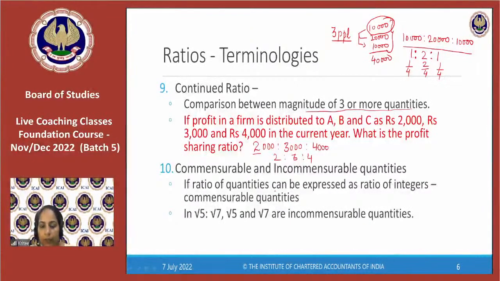But when the individual values cannot be expressed as the ratio of integers, like root 5 is to root 7, like root 2 is to root 3, then they are incommensurable quantities. All right. I hope this is understandable.